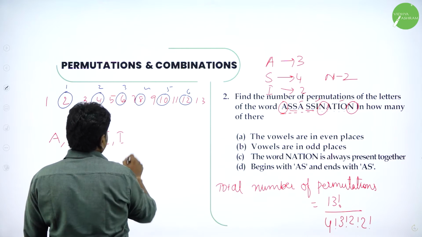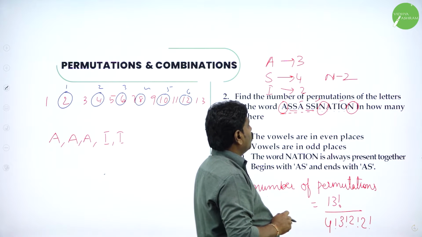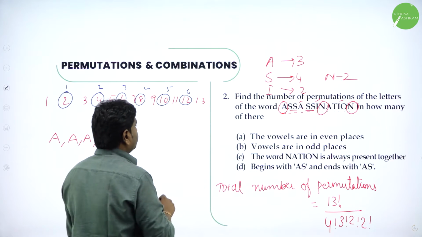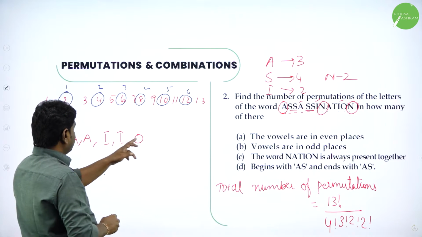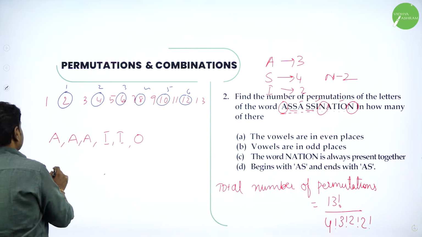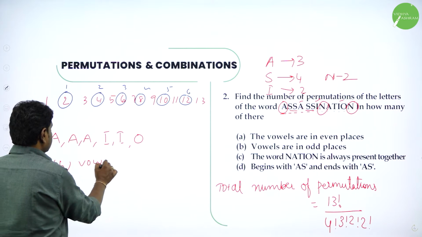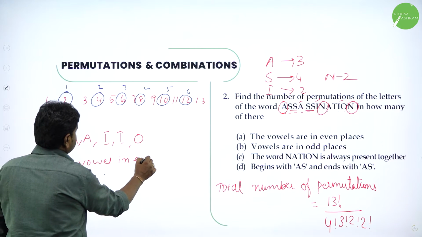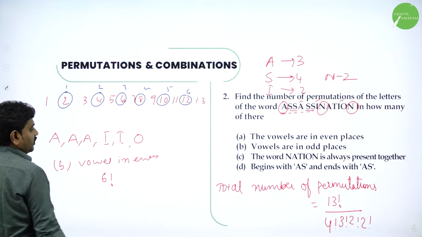Then O occurred 1 time. So we have 1, 2, 3, 4, 5, 6 vowels, 6 places. So 6 vowels in 6 places. Second part: vowels occupy even places. So I have 6 vowels, and 6 places can be arranged in 6 factorial ways.